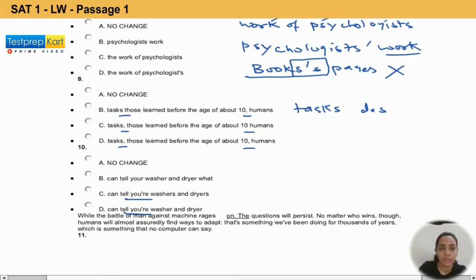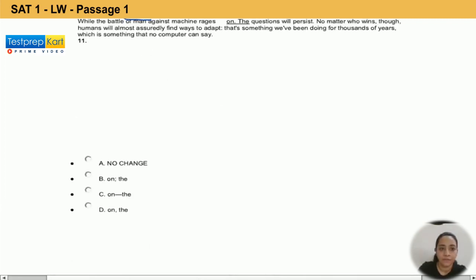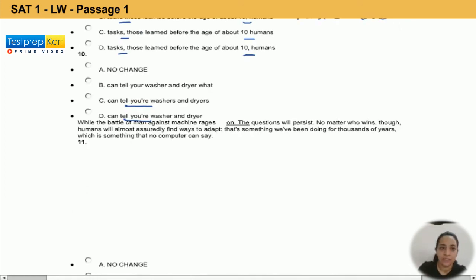Let's look at the last question. We have semicolon, dash, comma, right? Again, testing us for syntax. So this becomes very easy once we see this, right? What is the structure? While the battle of man against the machine rages on, the questions will persist.